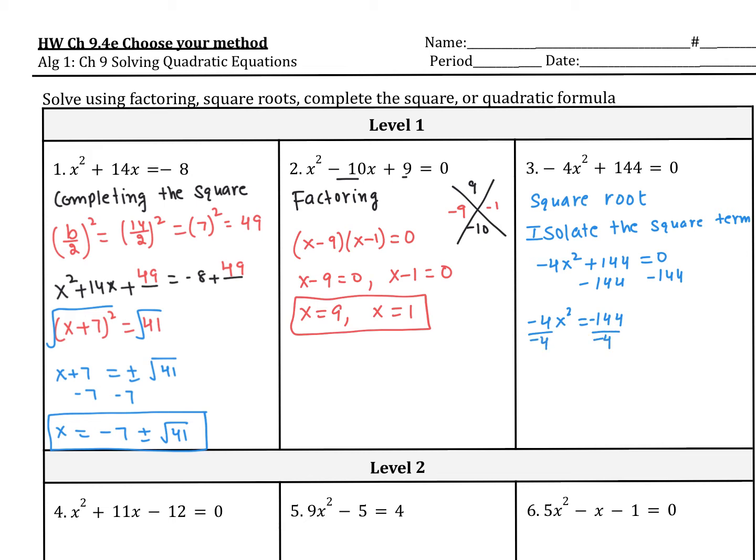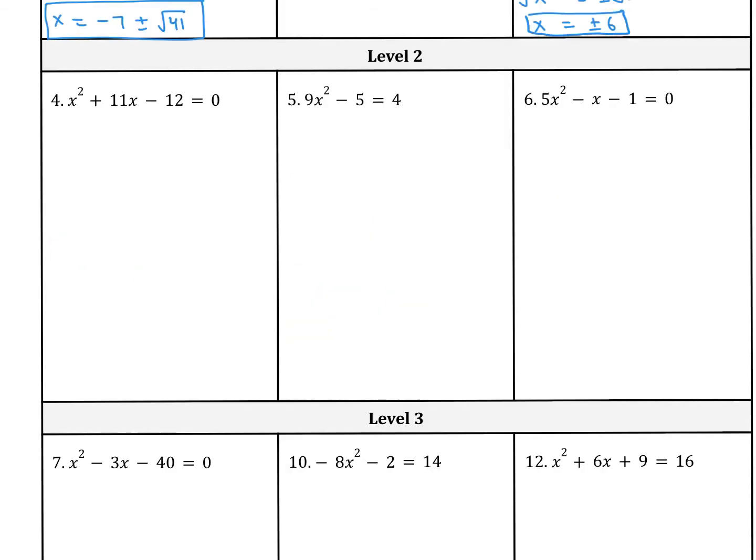Divide by negative 4 on both sides. You get x squared equals 36. Now we're going to solve for x by taking the square root on both sides. Square and square root cancel. x equals plus or minus 6.